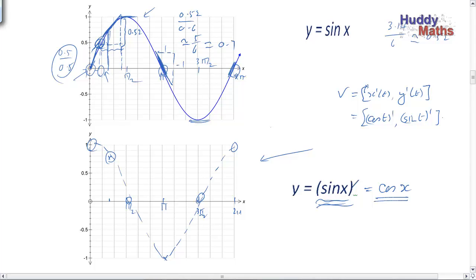So we've just found the sine of t's derivative. We reckon it could be cos x. Interesting result. You might try to do this more accurately than what I've done here and see how close you can get.